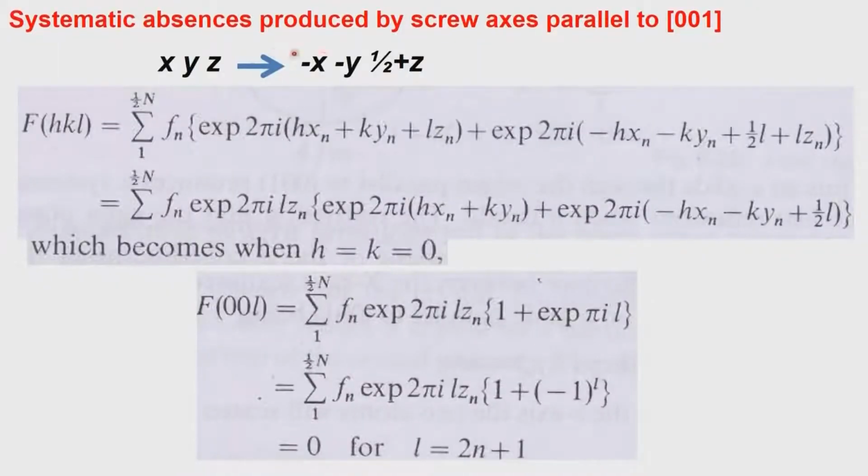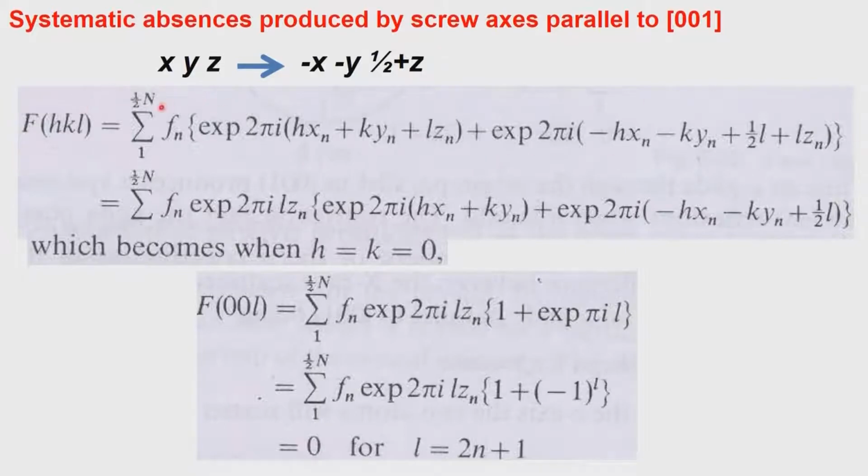This screw operation operated again will take you back to x y z, defining the point group. So, whenever you have a crystal system like P2_1, for example, a primitive lattice with 2_1, then you will have this systematic absence coming up. How it comes up we will discuss in a minute. So, again we write the general expression for F of hkl.